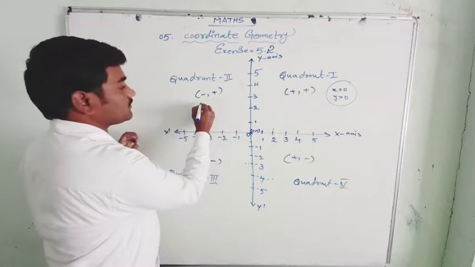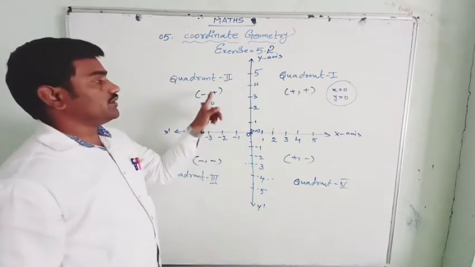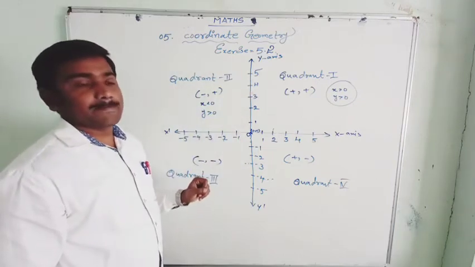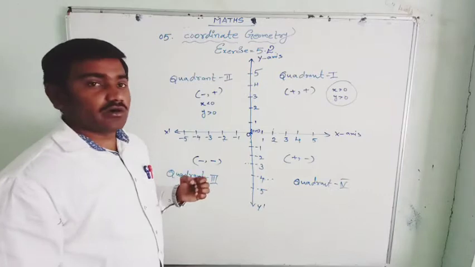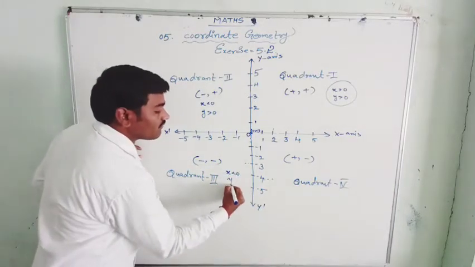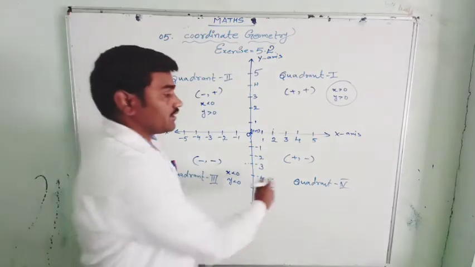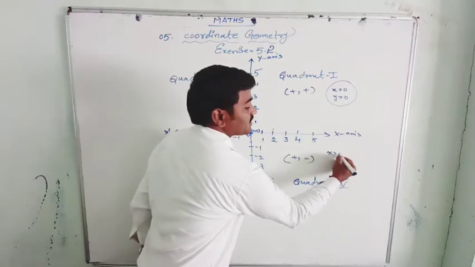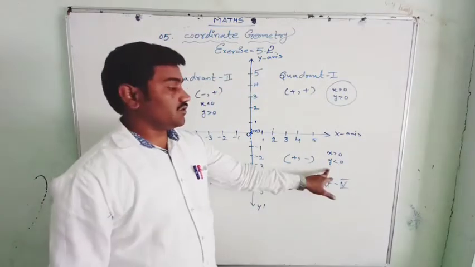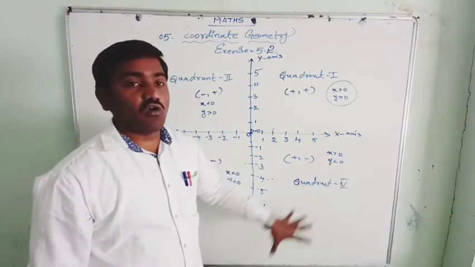If x is less than 0 and y is greater than 0, that means x is negative and y is positive, then they lie in quadrant number 2. If x is less than 0 and y is also less than 0, then they lie in quadrant number 3. If x is greater than 0 and y is less than 0, then they lie in quadrant number 4.